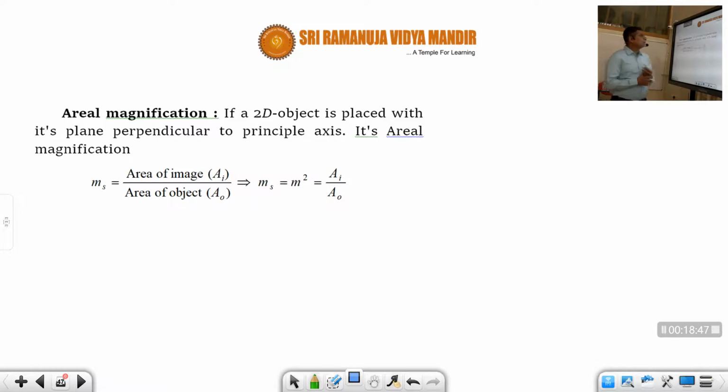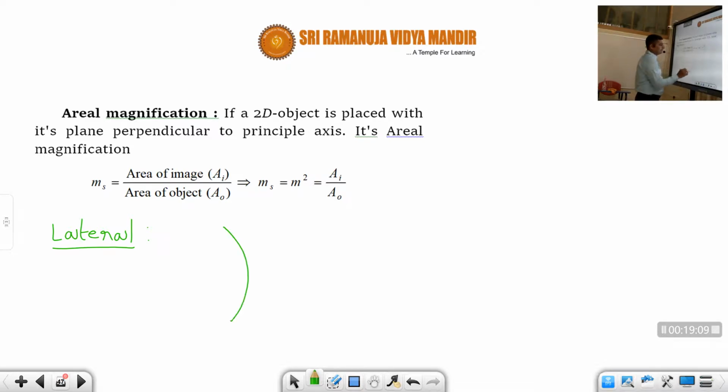And of course there is one more magnification called lateral magnification. In case of linear magnification, we are placing the object perpendicular to the principal axis, students.